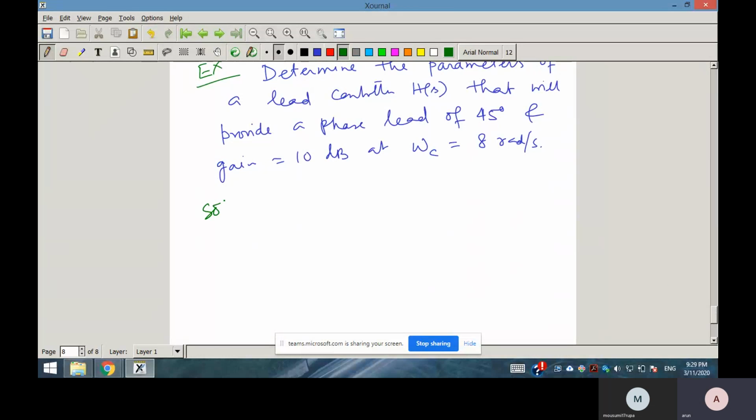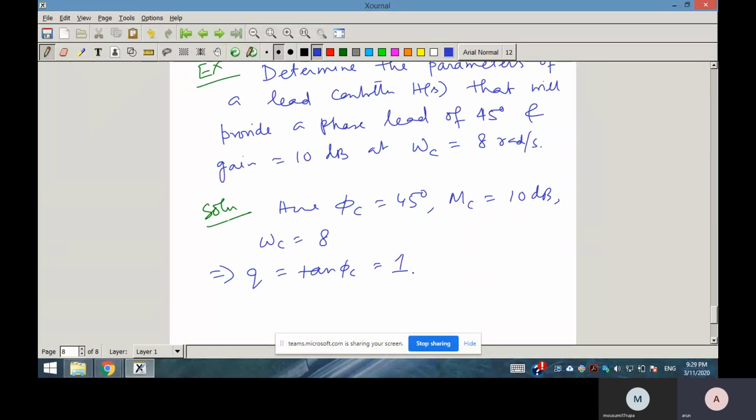We'll just apply the results that we have derived. What is phi c? Phi c equal to 45 degree. MC in dB is 10 dB. And omega c is 8. This implies Q equal to tan phi c, that means tan of 45 degree, which is equal to 1.